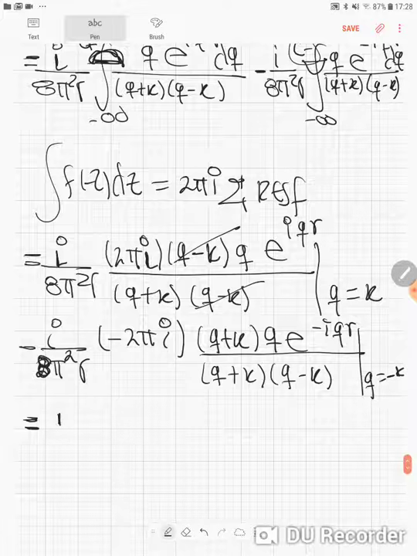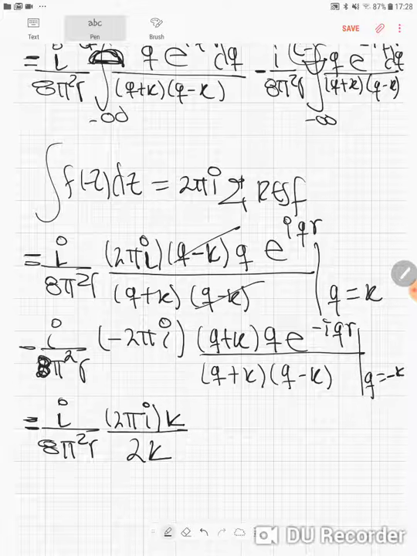So we write I divided by 8 pi square r times 2 pi I times k here divided by 2k here times e to the I kr.